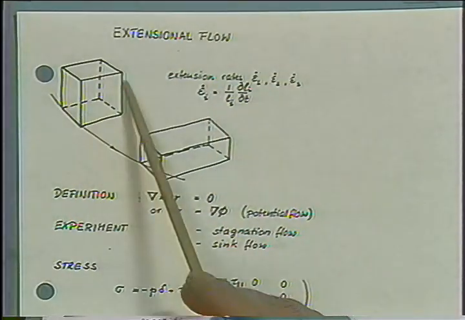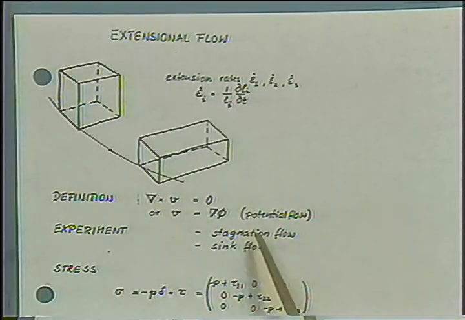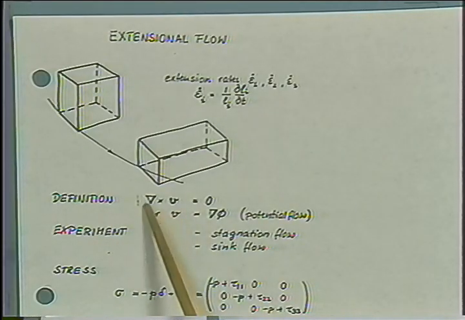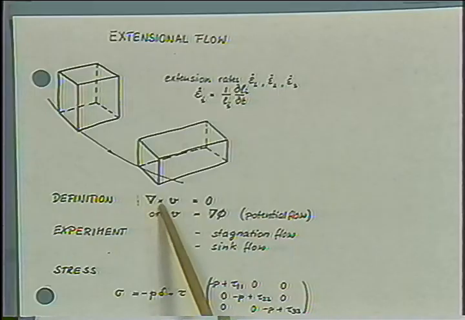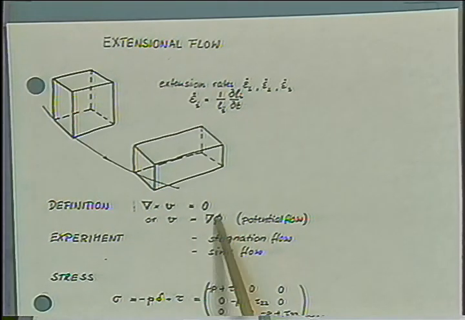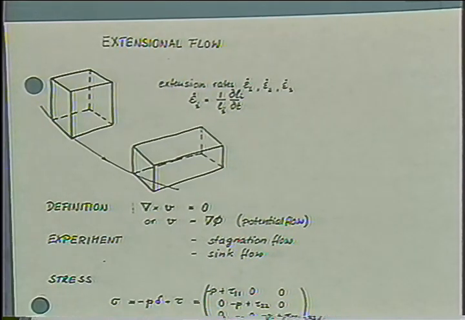The second type of flow is extensional flow, where a material element, like a little cube here, while it's moving along, is stretched. The definition of that type of flow is that the vorticity is equal to 0, that is nabla cross the velocity vector, or the velocity can be described as a simple scalar field, which is nice, for instance, for thermodynamic analysis of flow behavior.